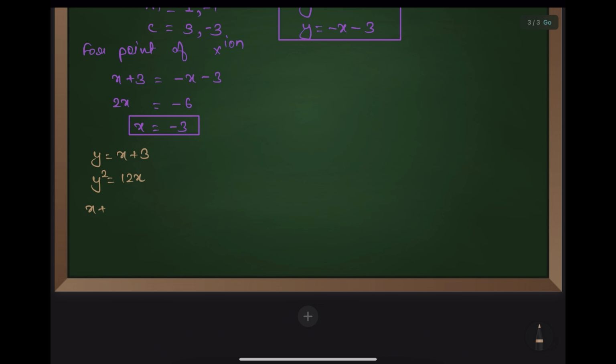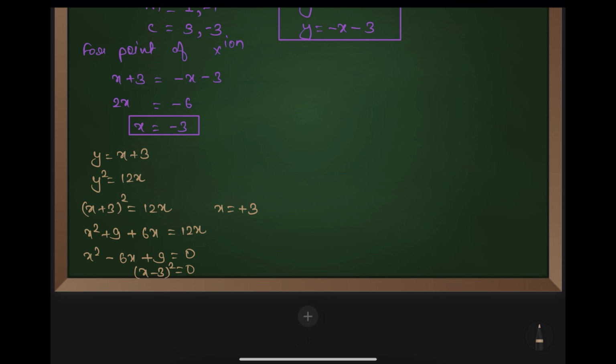So x plus 3 whole square is equal to 12x. Now, a square plus b square plus 6x equals 12x. So x square minus 6x plus 9. So it is x minus 3 whole square. So x equals minus 3 we got.